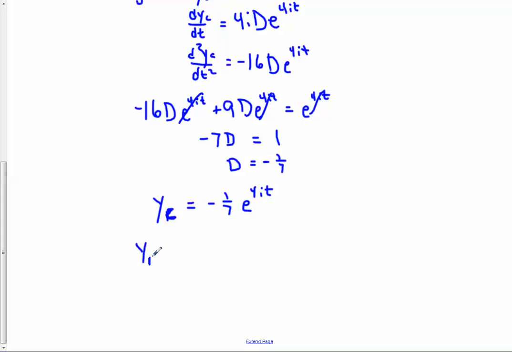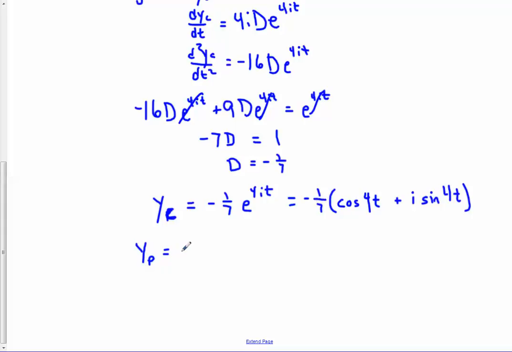Therefore, for the particular solution for our original problem, remember we said we were going to take the real part. Again, we get a little bonus here, because the fact that the d didn't have any i in it makes this especially easy. I only really have to break down the e to the 4it part, and by Euler's formula, that is cosine 4t plus i sine 4t.